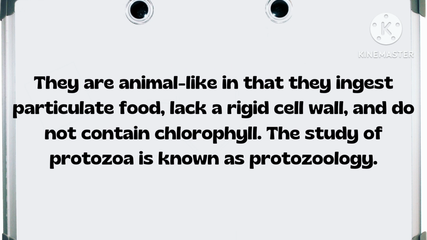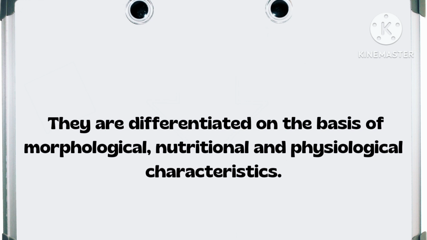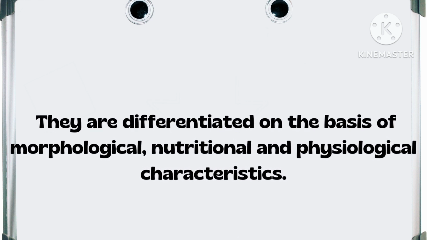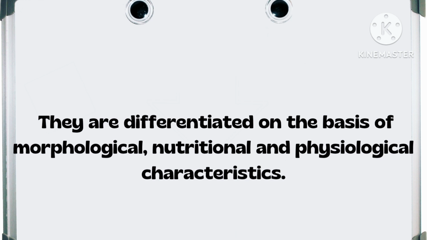They are animal-like in that they ingest particulate food, and they lack a rigid cell wall and do not contain chlorophyll. The study is protozoology. They are differentiated on the basis of morphological, nutritional, and physiological characteristics.